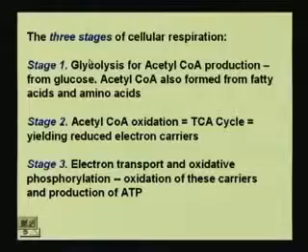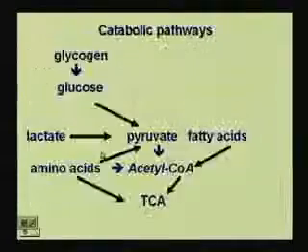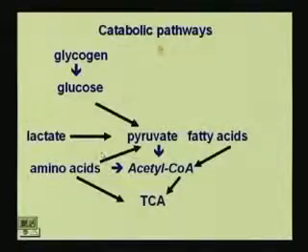So these are actually the 3 stages of cellular respiration, and if we consider the catabolic pathways of all the breakdown, whether it's amino acids or fatty acids or glucose, they ultimately lead to acetyl-CoA, which is the key component of the TCA cycle, which we will see.